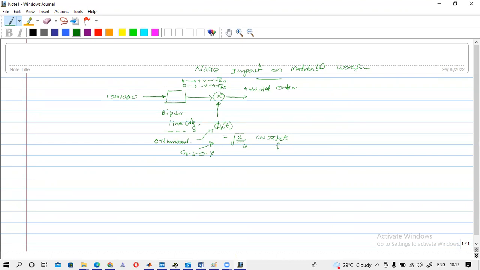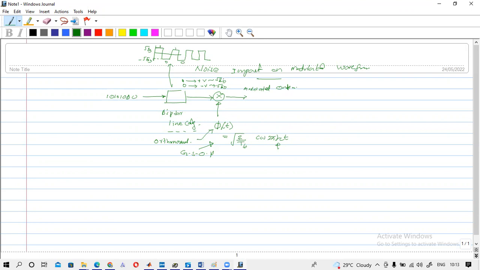So for a line coded signal you will get this kind of bipolar signal. For 1 you have plus root E_b, and for 0 you have minus root E_b. You have two polarities: this is for 1, this is for 0, 1, 0, and so on.